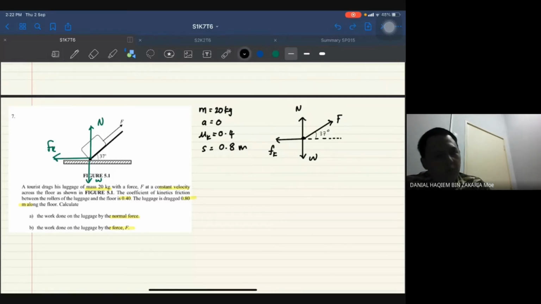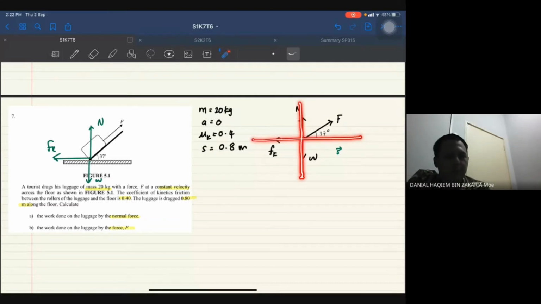So this is almost similar to chapter 4, where the motion of the object will be on one of the axes. So this will be your x-axis and this will be your y-axis. Looking at these two axes, which force is not on either axis?